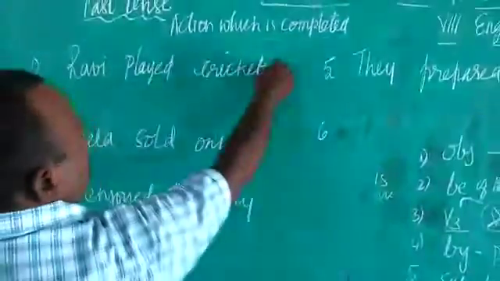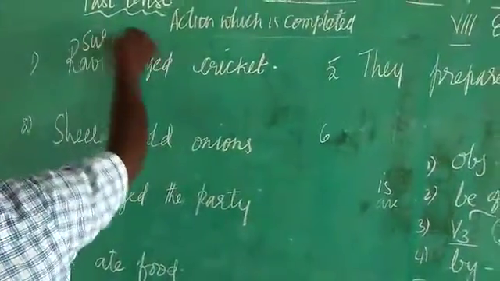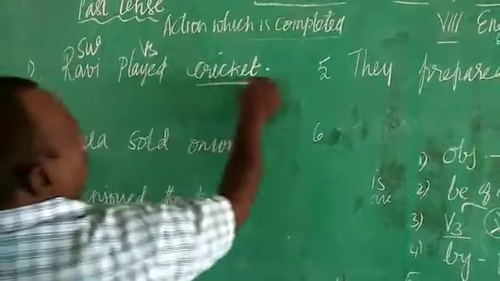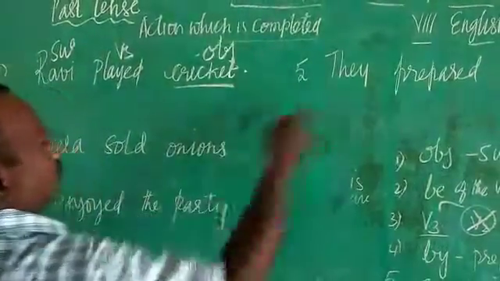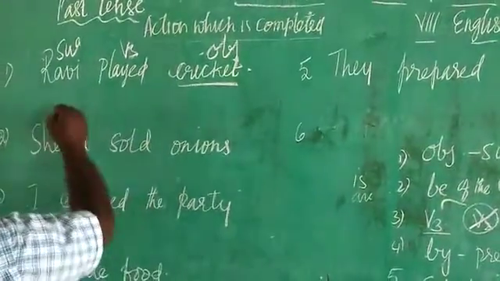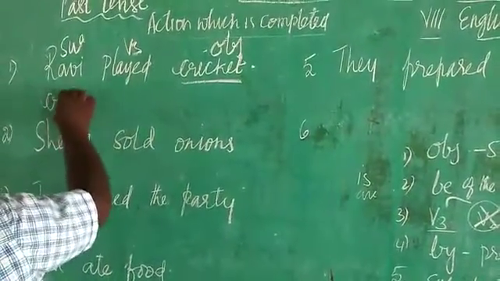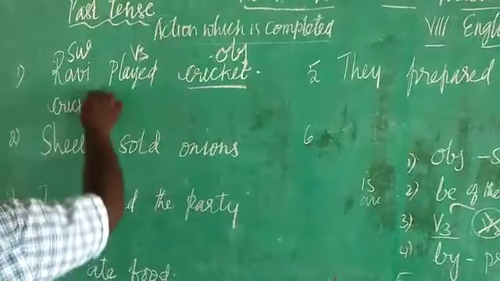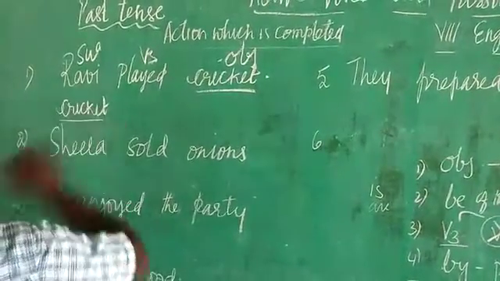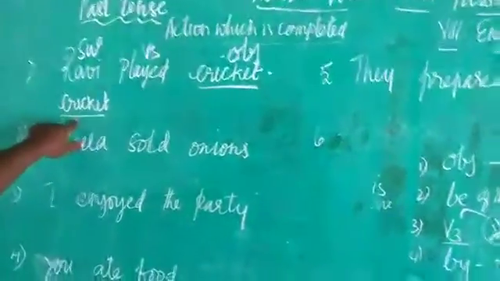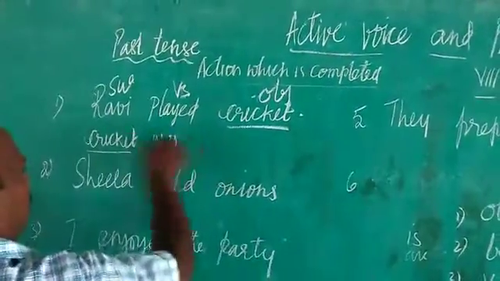Ravi played cricket. Now Ravi is the subject, played is V2, and cricket is the object. According to the structure, the object comes first, that is cricket. Is it singular or plural, children? Singular. So what do you take? Was.